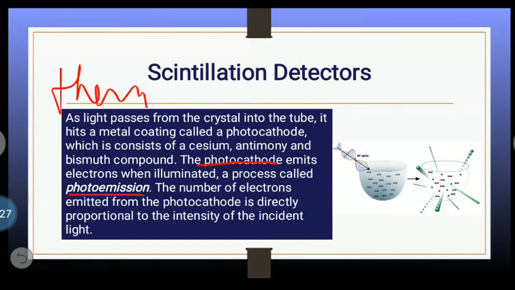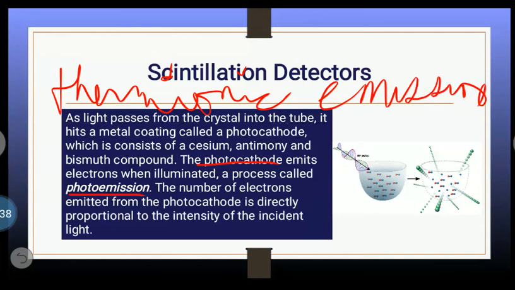Thermionic emission is the emission of electrons by application of heat. But here in photoemission, it is the emission of electrons by application of light. Again, not all elements can do that. That is why we have these materials: cesium, antimony, and bismuth compounds.